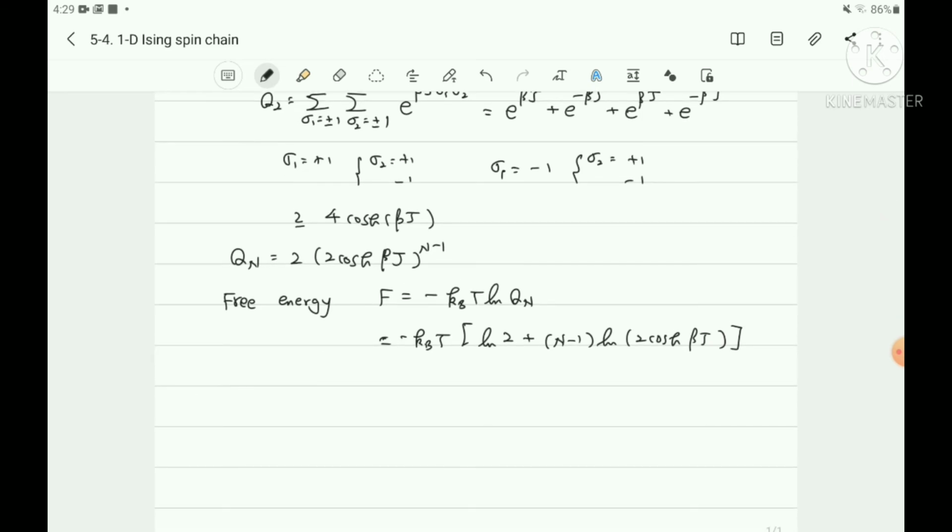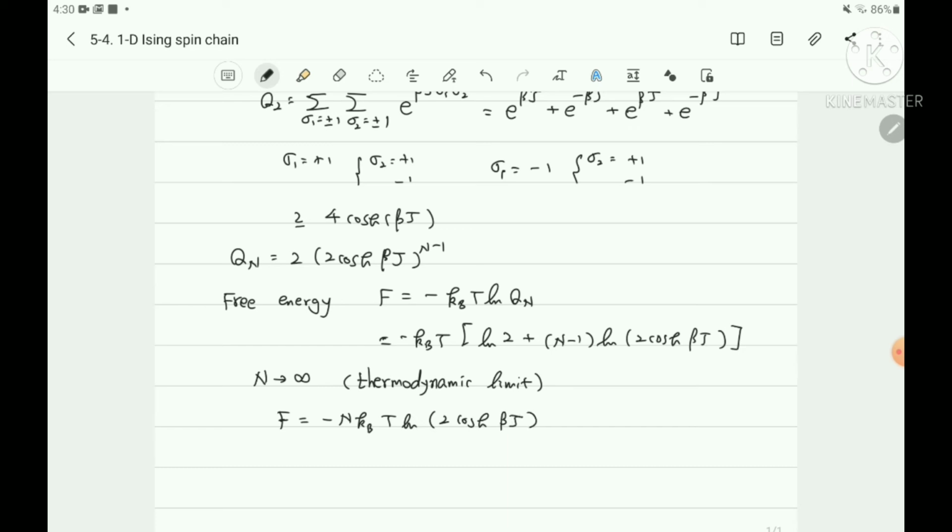In the thermodynamic limit, meaning that n goes to infinity, so many atoms, the constant term can be neglected. And the free energy can be written as n kBT ln 2 cosh(beta J).